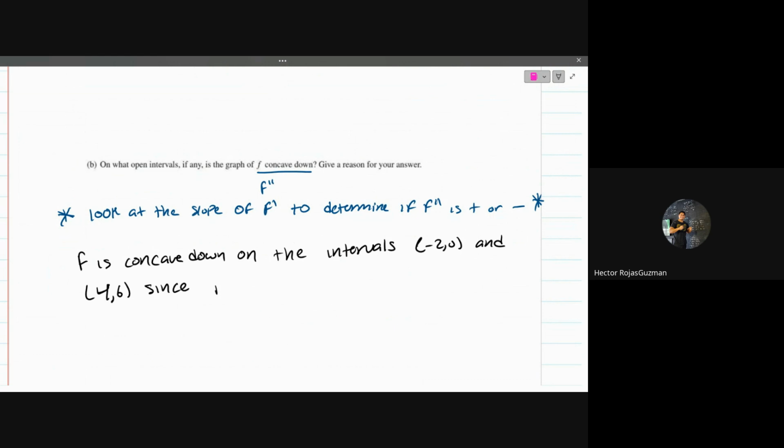Since f double prime is negative, or I guess another way you could say it is since the slope of f prime is negative. Simple as that.